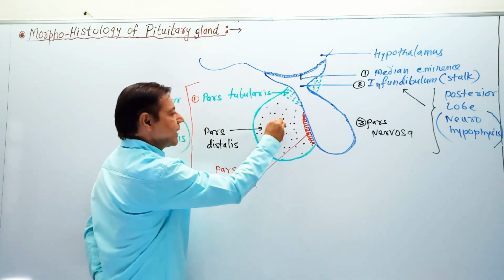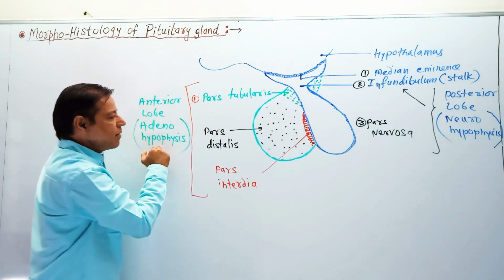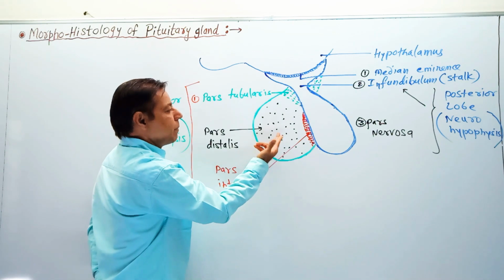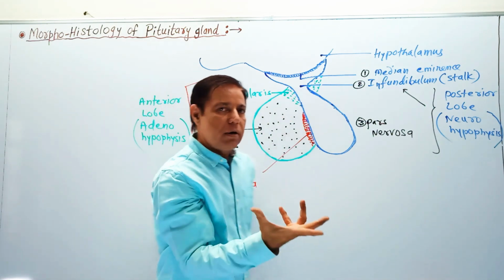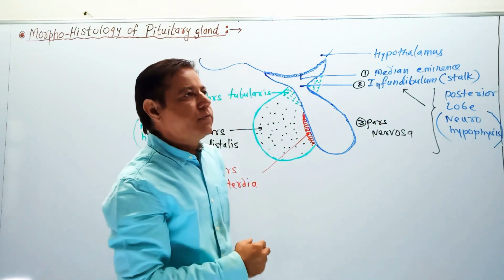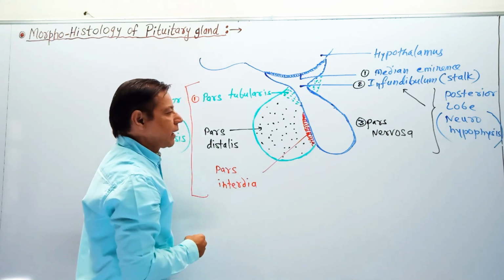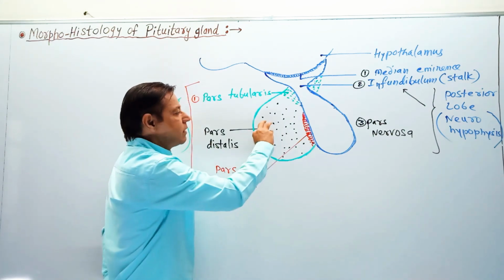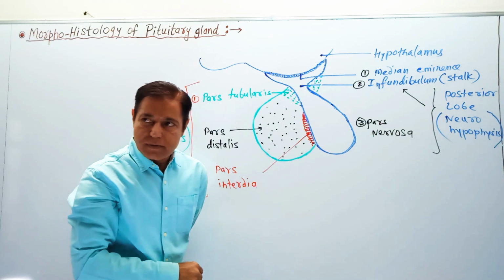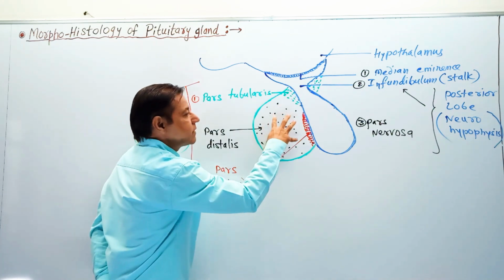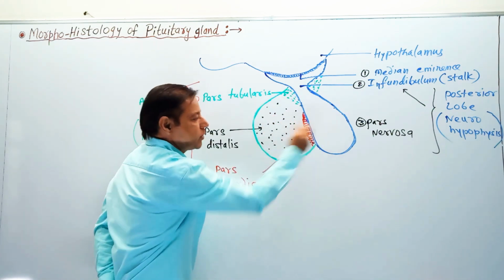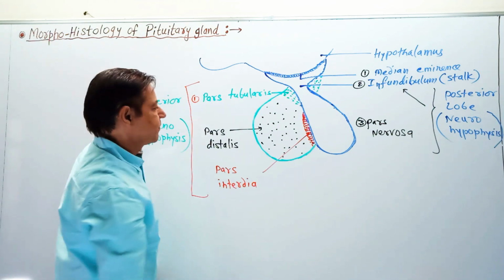But in the case of the adenohypophysis, the pars distalis has different types of secretory cells, endocrine cells, which secrete a number of hormones. That is why it is more functional as compared to the neurohypophysis. Okay.